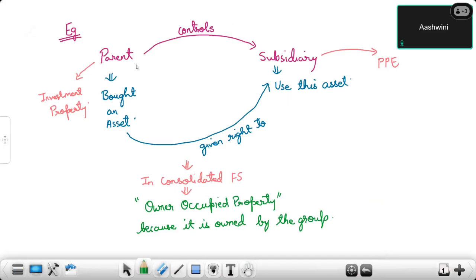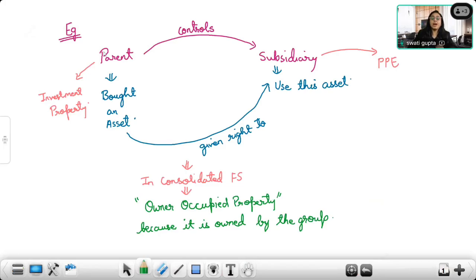The parent will always classify it as investment property because the parent is not using it. Instead, the parent has given it to the subsidiary and said, okay, use it, and provide me some payments, maybe rental payments.